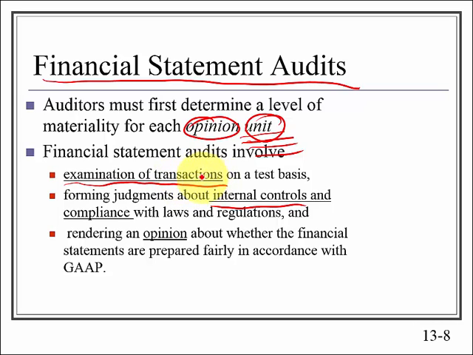You're going to have to do things like confirmations with vendors, with customers, with banks, financial institutions, possibly with attorneys, trying to confirm again with other parties what's happening with the target organization here.